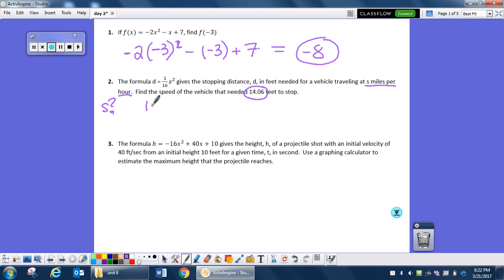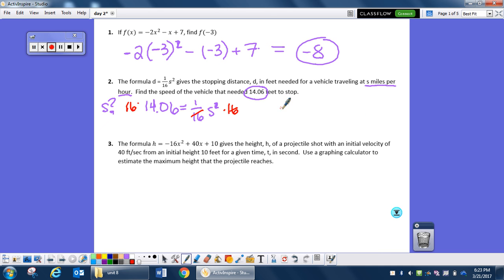So I'm just going to substitute in 14.06 equals 1/16 s squared. And we are solving for s. So to get rid of that 1/16, you multiply both sides by 16. Okay, gone and gone.